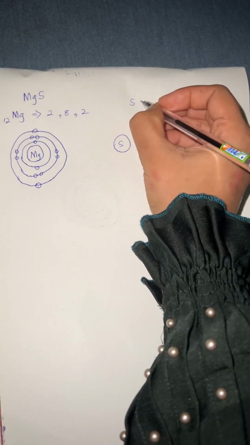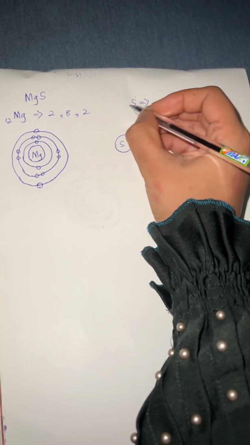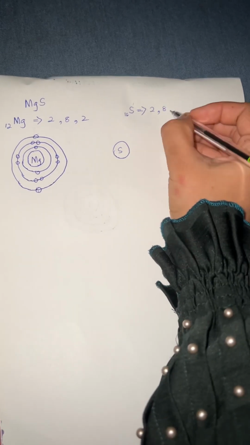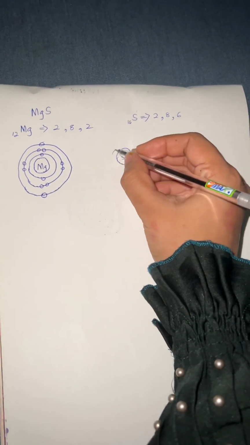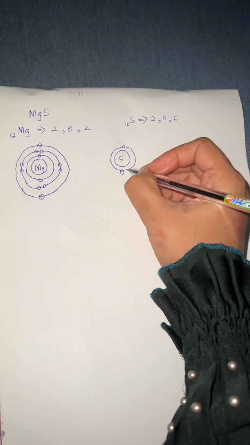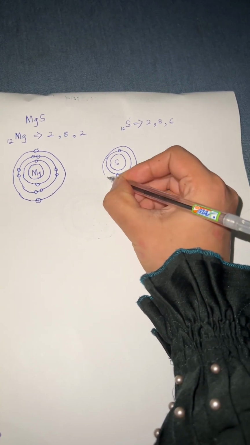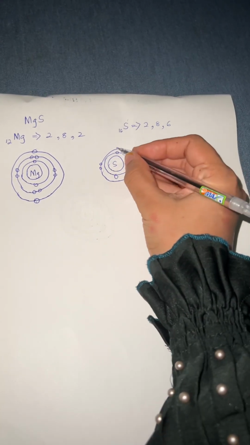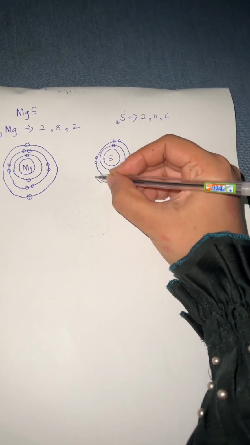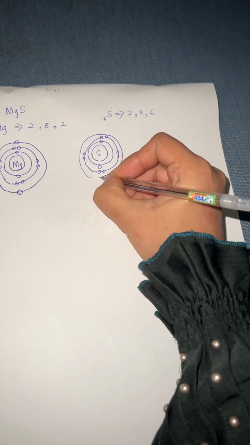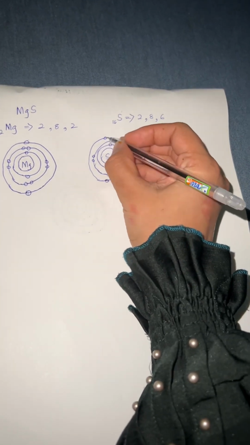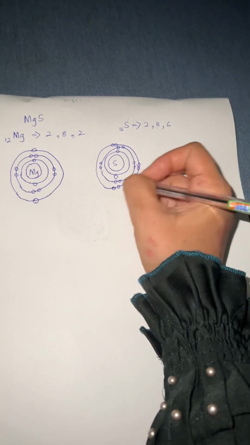The atomic number of sulfur is 16, so we have 2 and 8 is 10 plus 6 more to make 16: 2, 4, 6, 8, and the valency shell holding 6.